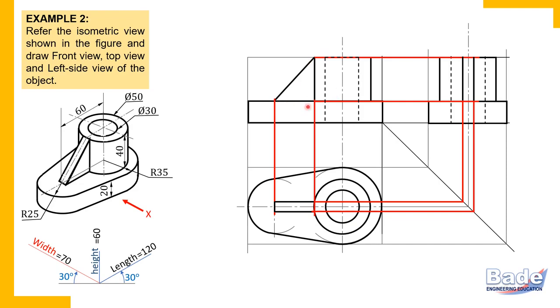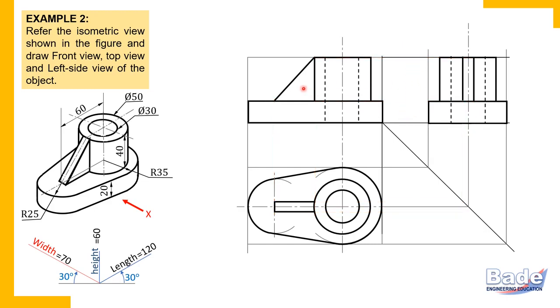Triangular plate in the sense that in one view it is a triangular shape, and in the remaining two views a rectangular strip. So draw end projectors of this triangle, that is, the highest point on the triangle and the lowest point on the triangle. These two horizontal lines are the end projectors of the triangular plate. And draw end projectors from the top view to the side view. As I have already told you, I will not prefer drawing such long projectors.